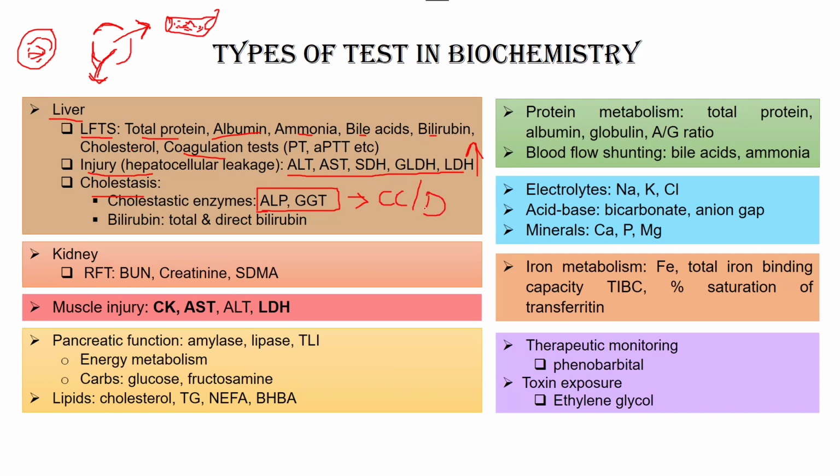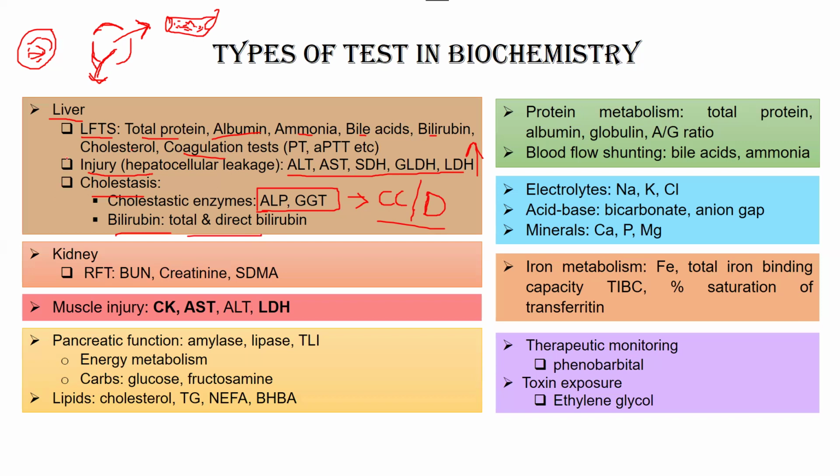If that animal is premedicated, or specifically if corticosteroids are present, either endogenous or exogenous, they are also going to be increased in this situation. You should remember that because it is a very common case that appears in biochemistry tests when you are observing those blood reports. And then bilirubin is also changed with cholestasis, total and indirect bilirubin, direct bilirubin.